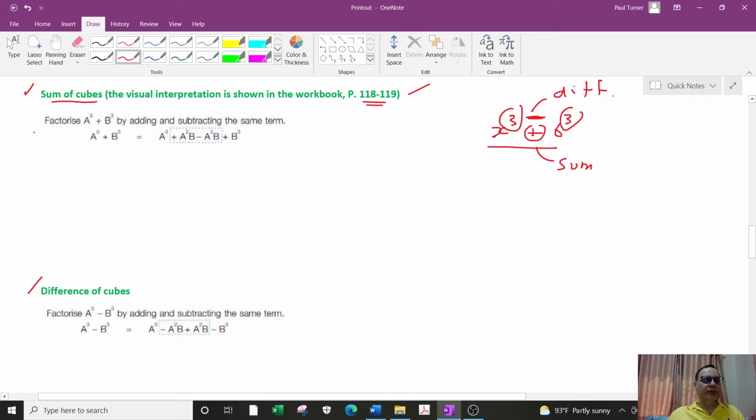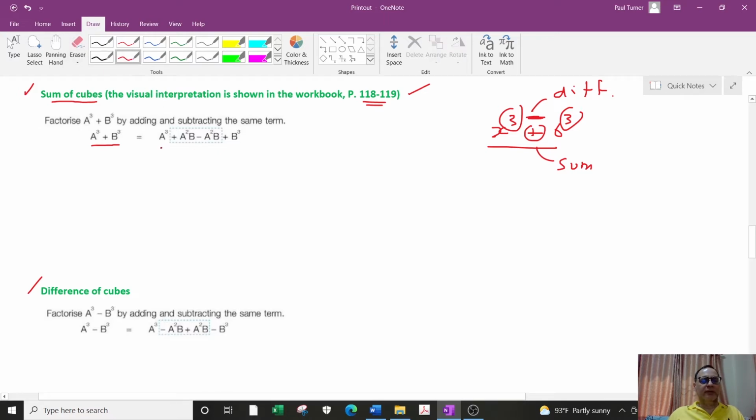So now we'll try to show how this is done by algebraic methods. So I've got a cubed plus b cubed, the sum of cubes. What I've done here is I've added two terms which actually cancel to 0: a squared b minus a squared b.